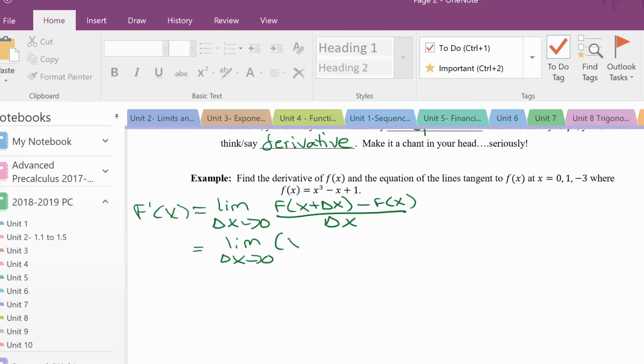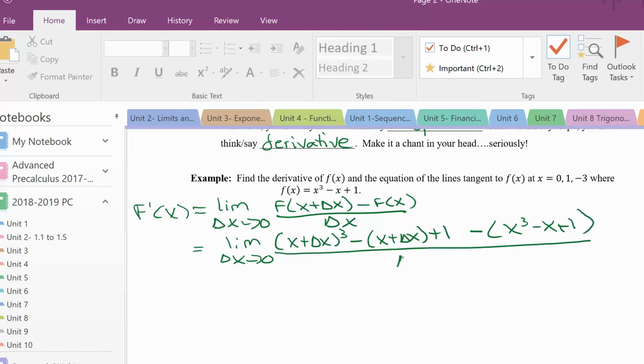that becomes x plus delta x to the third minus x plus delta x plus 1, and then minus f of x, so that's going to be minus x to the third minus x plus 1, all over delta x.